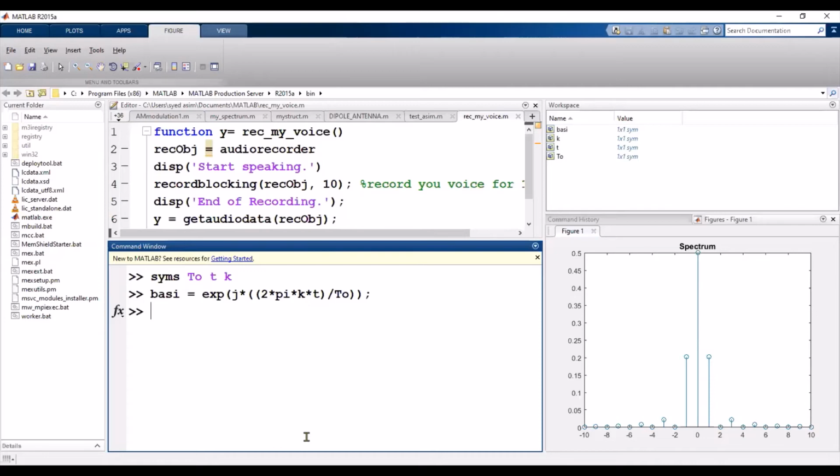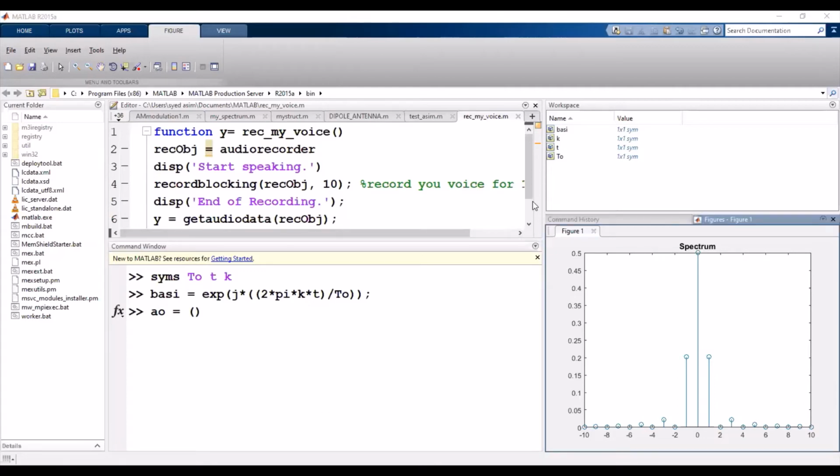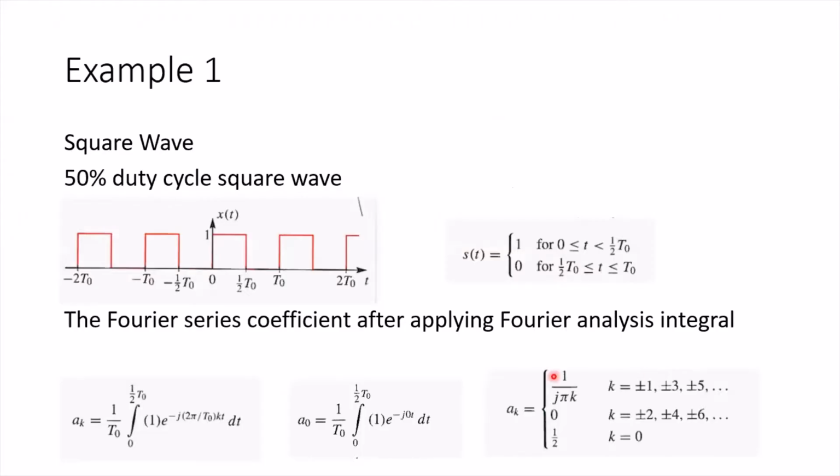Now I am going to calculate a naught, which is equal to 1 over T naught times the integral. If we look at the formula on the slide, a naught is equal to 1 over T naught, integral from 0 to T naught by 2 of 1 dt.